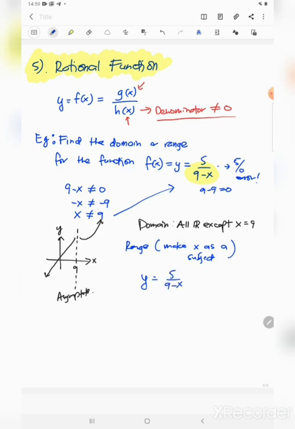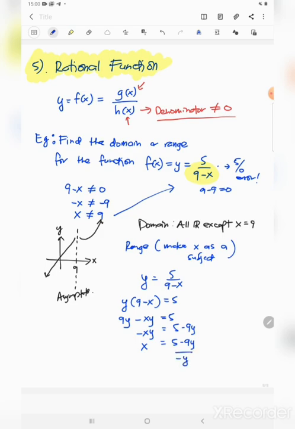We want x as the subject, so cross multiply. We get 9y minus xy equal to 5. Negative xy equal to 5 minus 9y, so we bring 9y to the right side and it becomes negative. And then x equal to 5 minus 9y divided by negative y.